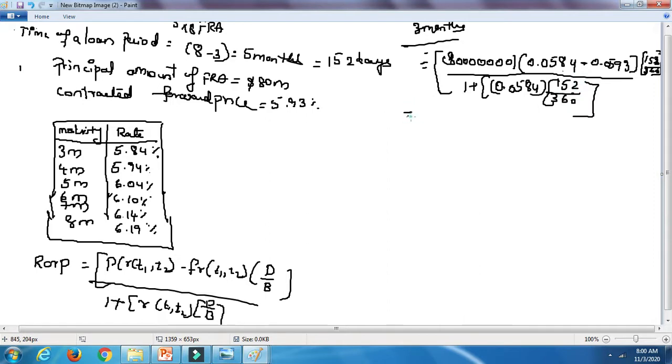If you calculate this, you will get a numerator value of minus 30398.4 divided by 1.02465. Divide them, then subtract, then multiply all three of them, and you will get this value. If you do this, you will get $29,667.10.